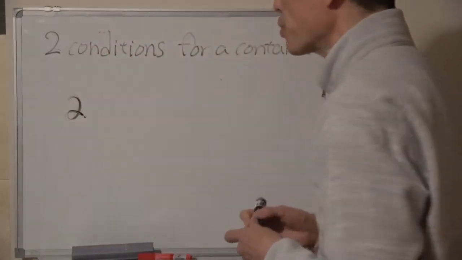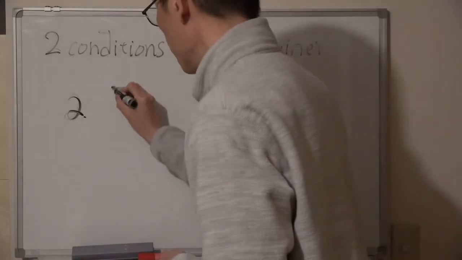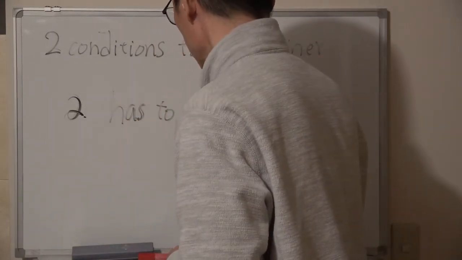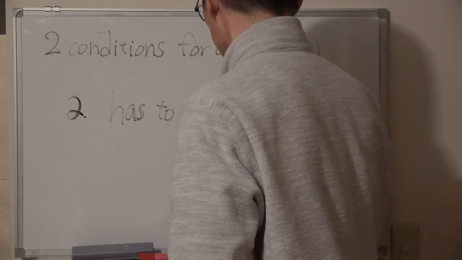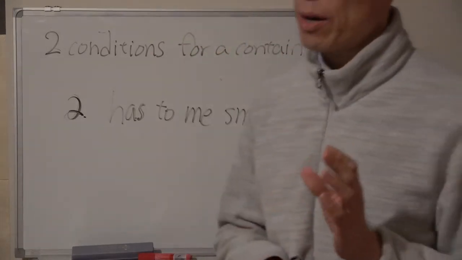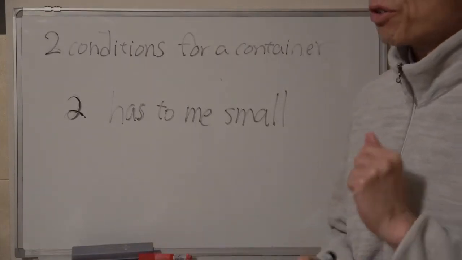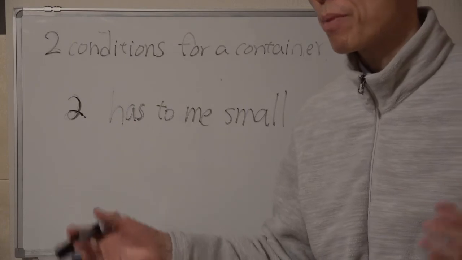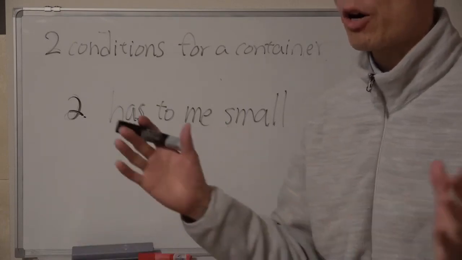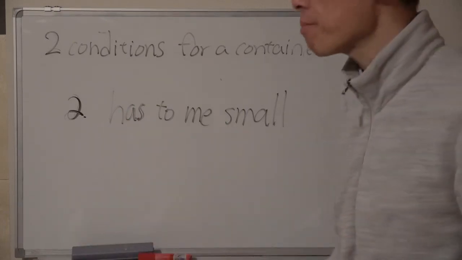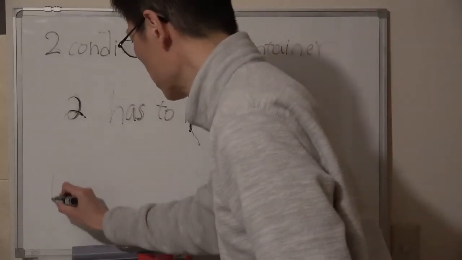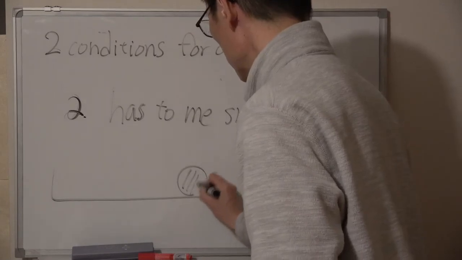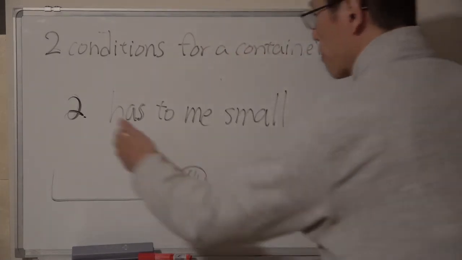Number two. A container has to be small. In other words, it cannot be too large. That's what I mean. For example, now this is very strange.